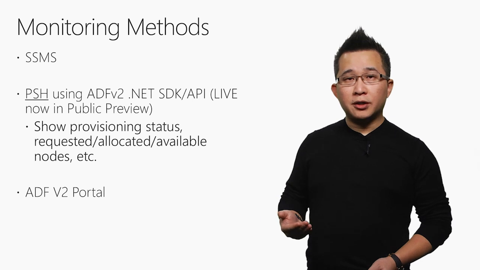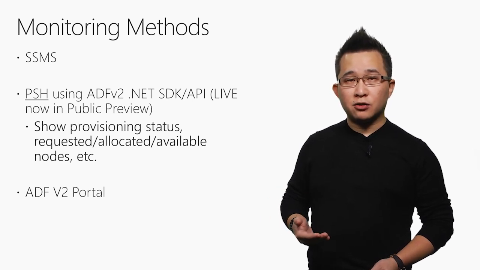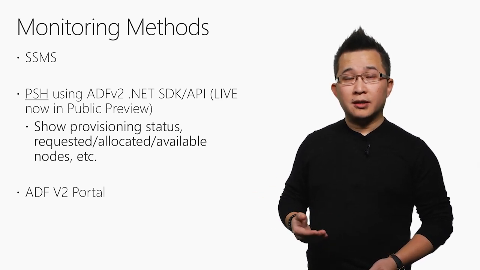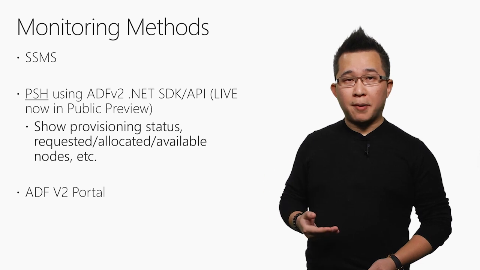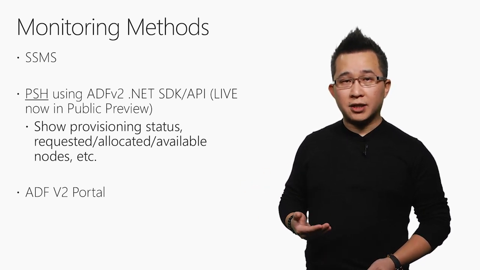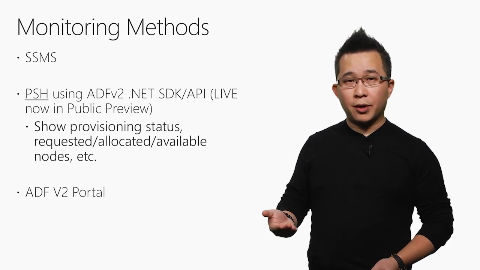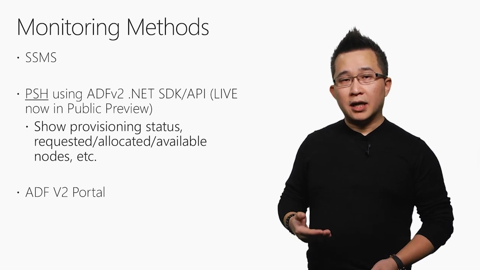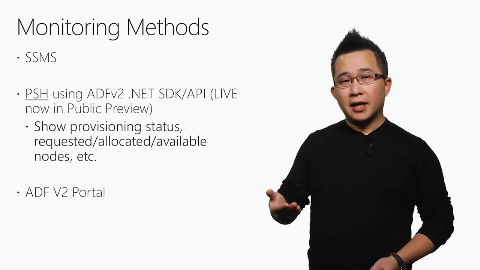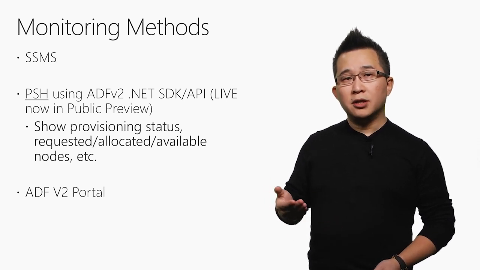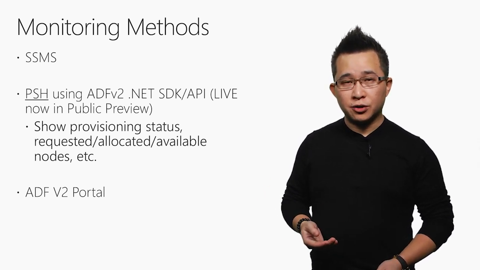Now, to monitor the package execution status or the IR status, there are different ways you can do it. First, you can use SSMS to monitor the package execution. Second, you can also use the PowerShell script provided by ADF v2 to monitor the IR status, in terms of whether the IR is running or not, how many available nodes, etc. In the future, we'll also provide the ADF v2 portal to allow you to monitor both the IR status as well as the package execution status.